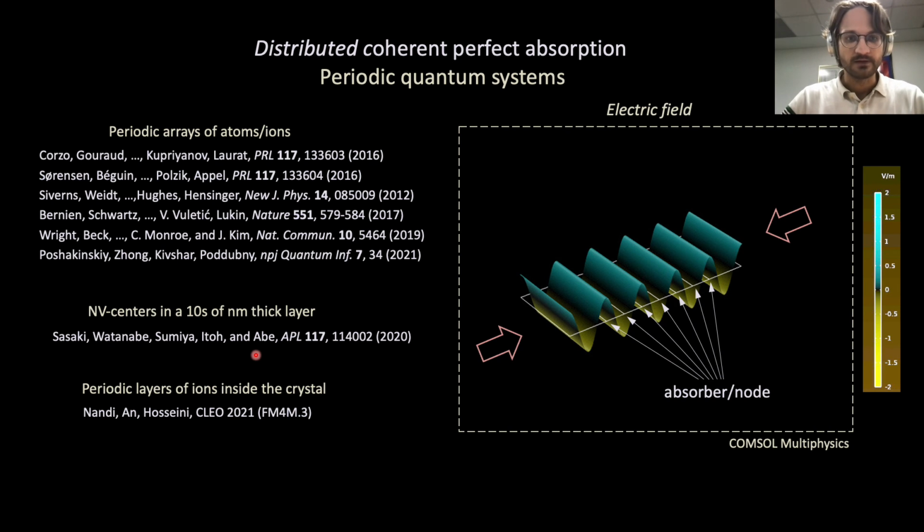Next, for instance, in the group of ABI, they know how to precisely locate the protons, so in these centers, with a precision of tens of nanometers, and that is good enough to be used in our approach. And finally, these days I ran into a nice talk by Nandi, where they use periodic layers of ions in a crystal to study the phenomenon of coherent backscattering. And again, this arrangement is very close to what is required for our systems.